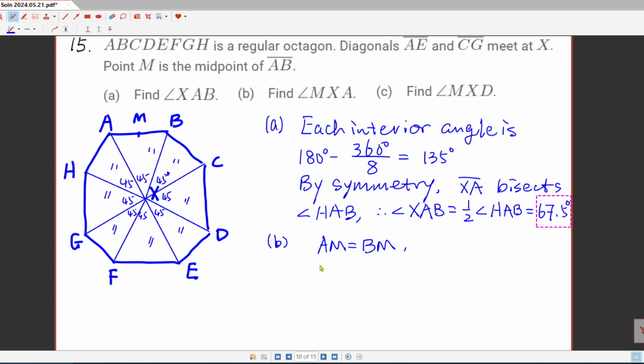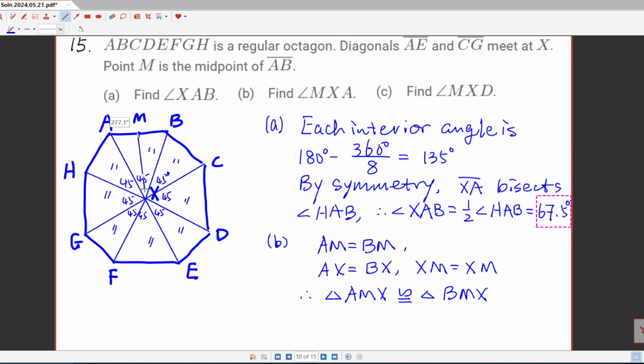And combined with AX equals BX and XM equals XM, triangle AMX must be congruent to triangle BMX. Also by SSS congruence, right?